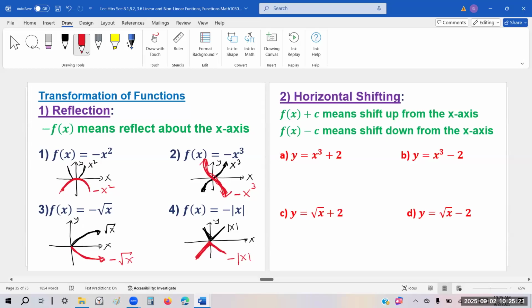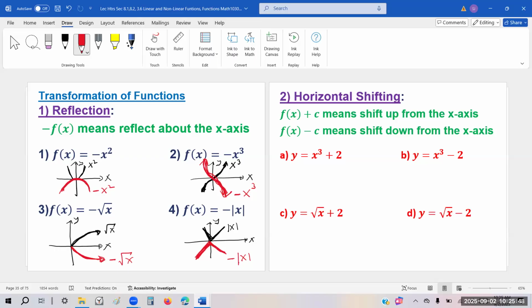Now, horizontal. It means we have the original function and then a number. For example, here, x cubed and then plus 2. It means it's horizontal. Sorry, not horizontal. Yeah, horizontal. Sorry, my bad. It should be vertical. I made a mistake here.